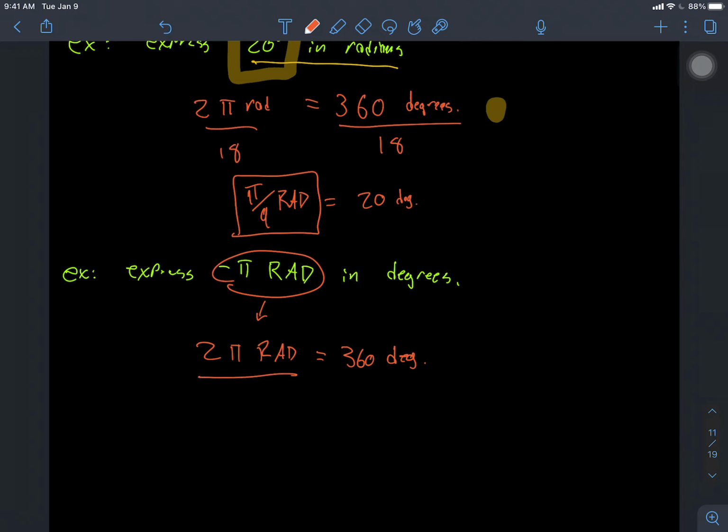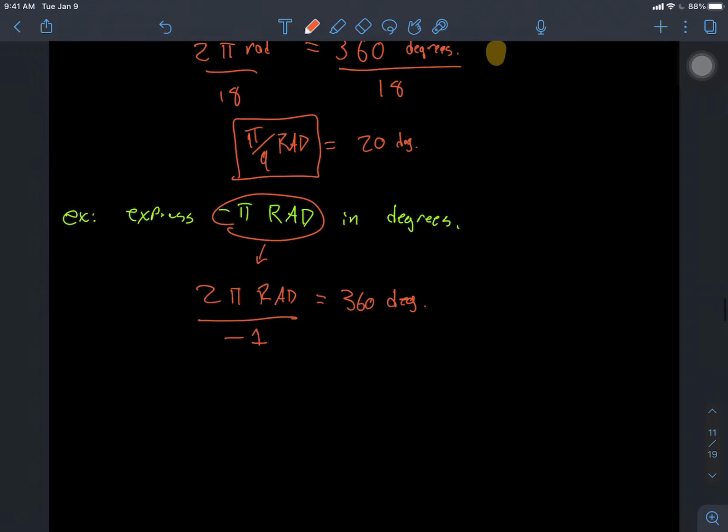So I should divide by negative... No, I'm sorry, I should divide by negative 2 here. And on this side I will get just pi radians, or pi rad. And on the right-hand side I will also divide by negative 2, and I get negative 180 degrees. So negative pi radians is actually negative 180 degrees.